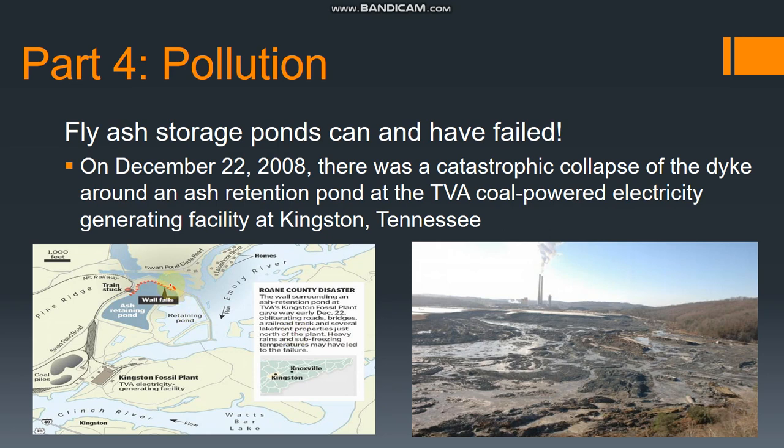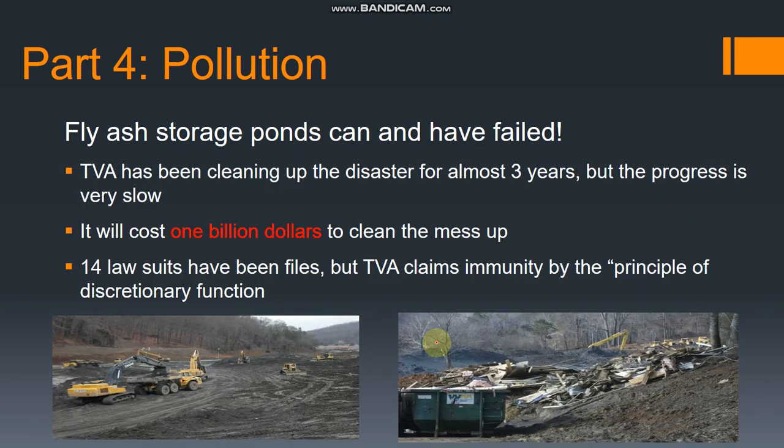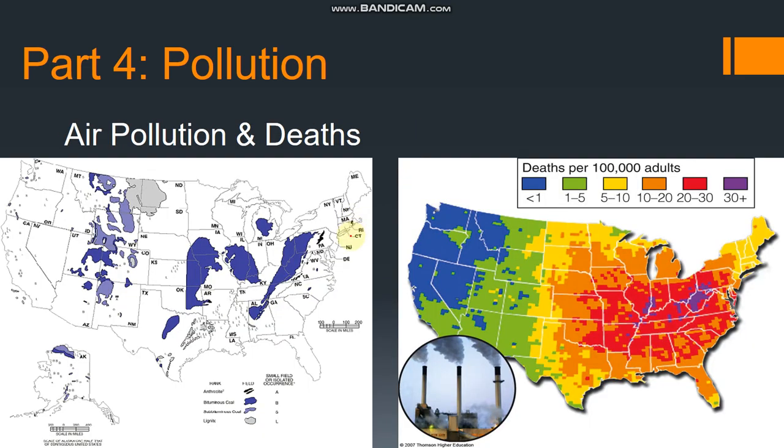So here's where the wall failed, and that nasty fly ash, as you can see from these pictures, just swamped the environment. Estimated cost to clean it up: 1 billion dollars.